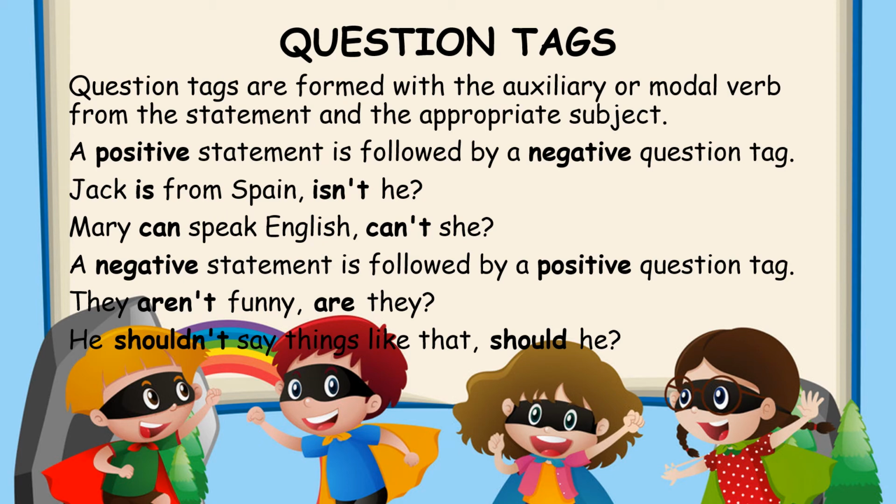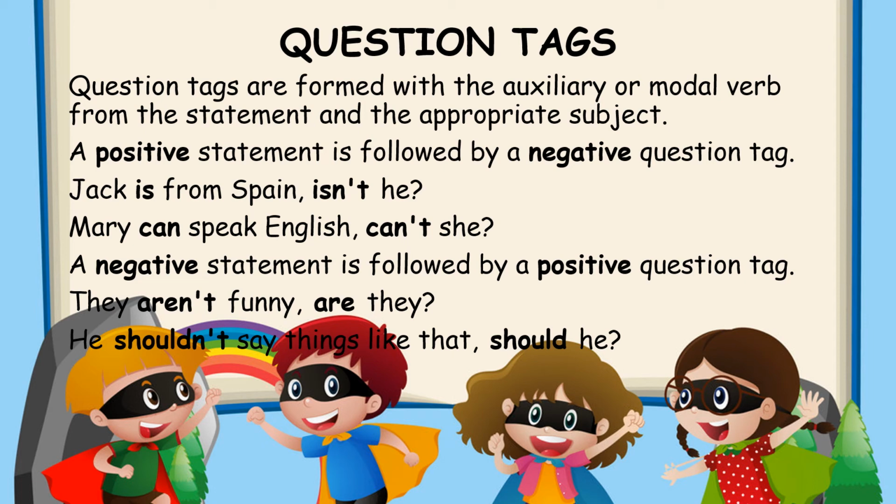Same way. Mary can speak English. Can will become can't. And Mary will become she. So Mary can speak English, can't she? A negative statement is followed by a positive tag. Same as I said, a positive statement is followed by a negative tag. So if the statement is negative, then you write a positive question tag.